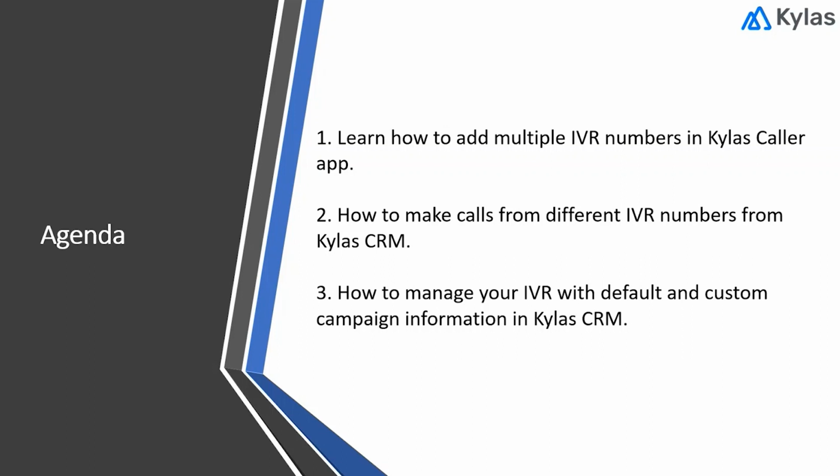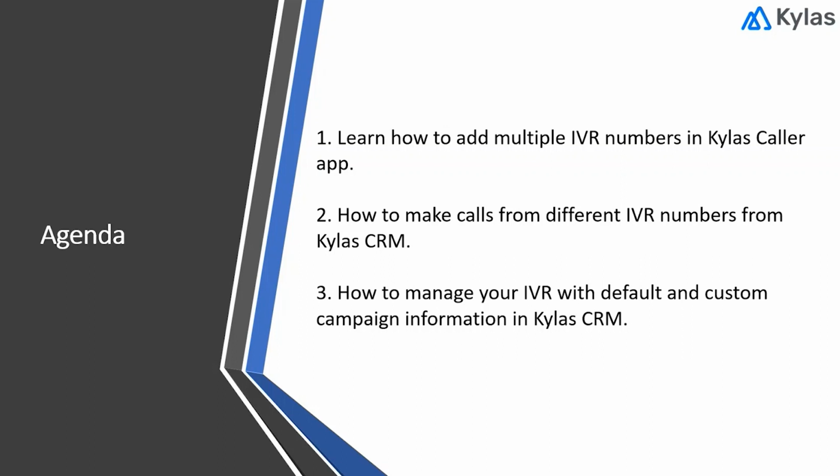Then how you can manage the leads and their sources that are coming from the different IVR numbers. You must be using a different IVR number for different campaigns, right? And you want to track those leads whenever a lead calls you on that particular number, so you must bifurcate those leads according to your IVR sources, right?